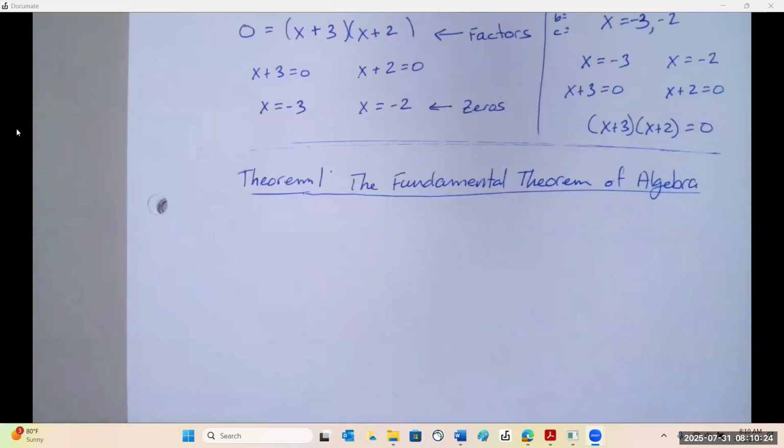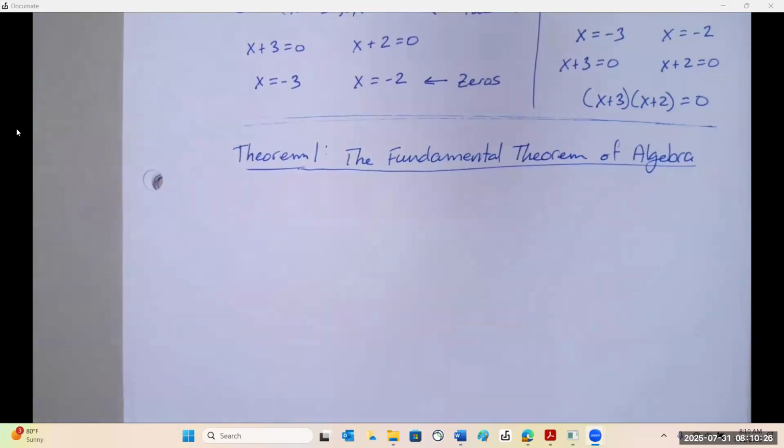Ever heard of the word theorem before, besides Pythagorean theorem? What is a theorem? More than just a guide. It is a guide, yes, but it's more than a guide.